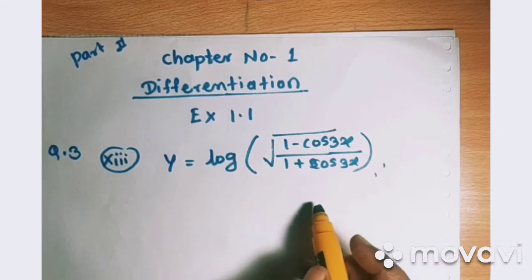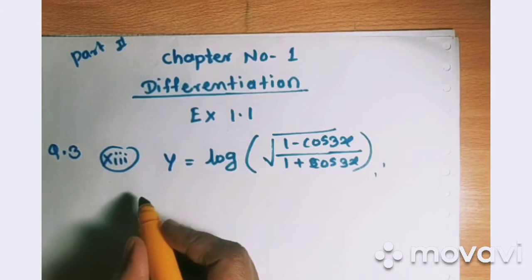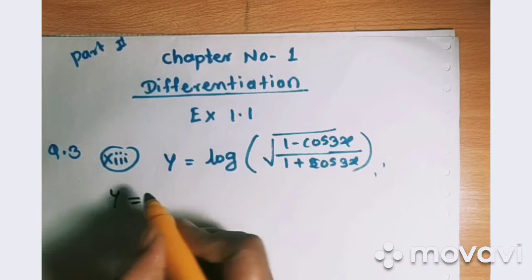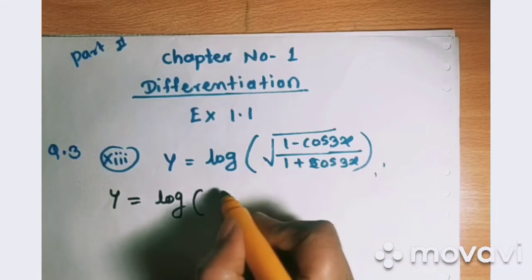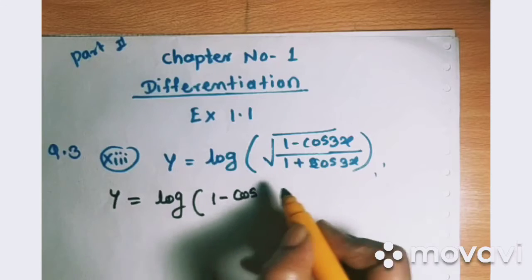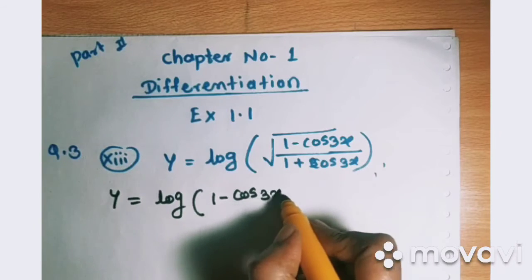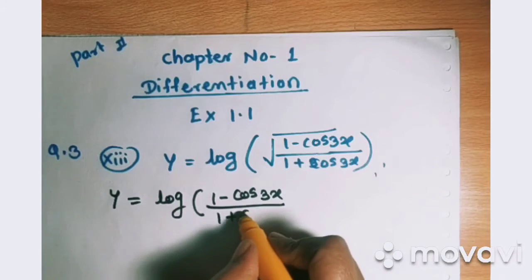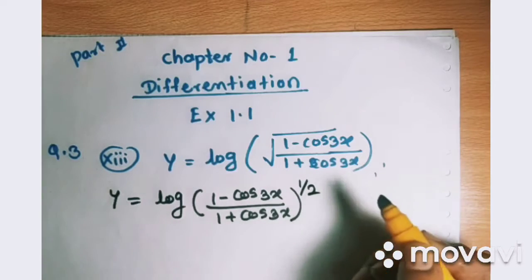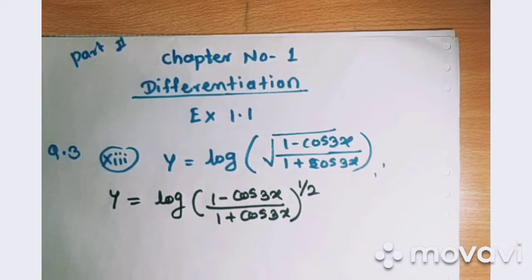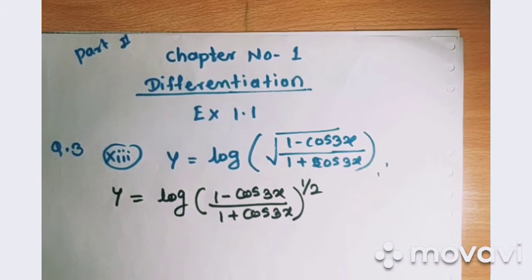First simplify it: y is equal to log of, root means we have to take the power, (1 minus cos 3x divided by 1 plus cos 3x) raised to 1 upon 2. Under root sign shows the power, that is 1 by 2.